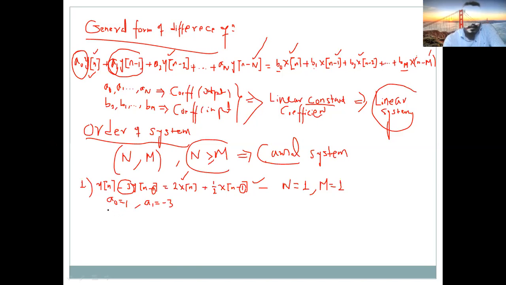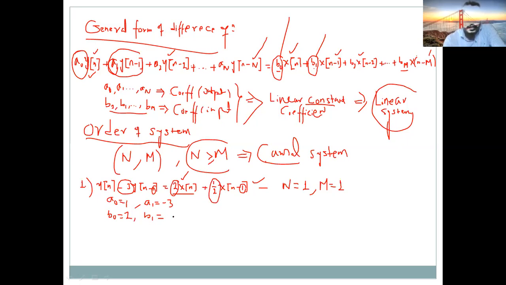Okay. How about B0? B's are the coefficients on the input side. B0 is the coefficient of x of n here, which is 2. How about B1? In the general equation, B0 is the coefficient of x of n, B1 is the coefficient of x of n minus 1, and so on. So how much is B1 here?